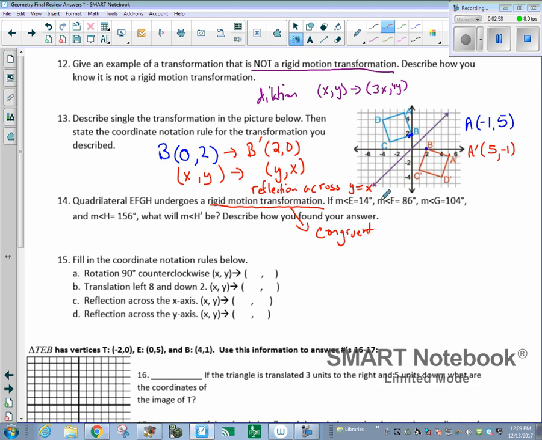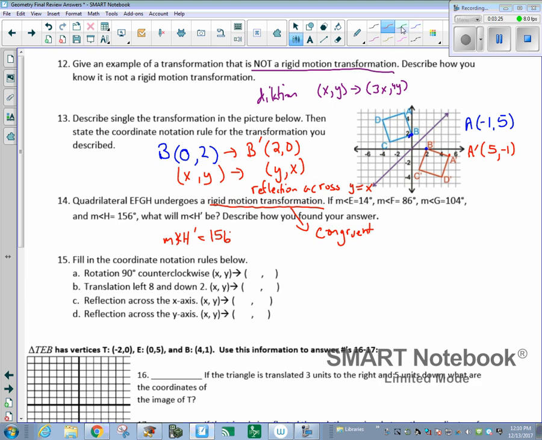So angle E is 14, F is 86, G is 104, and H is 156. It asks what H prime will be and how I found my answer. The angle measure of H prime will be the exact same as H, because this is a rigid motion transformation, and rigid motion means congruent. That is my reason why.